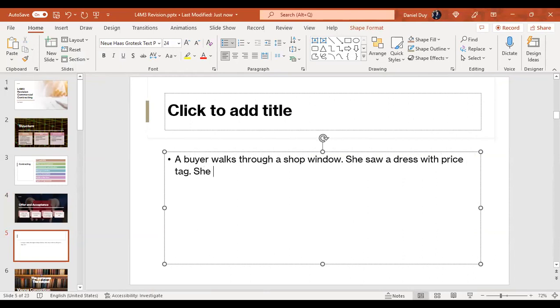She asks the shop to sell that dress. So the question is: is the contract formed? Okay, if we stop here, is the contract formed?